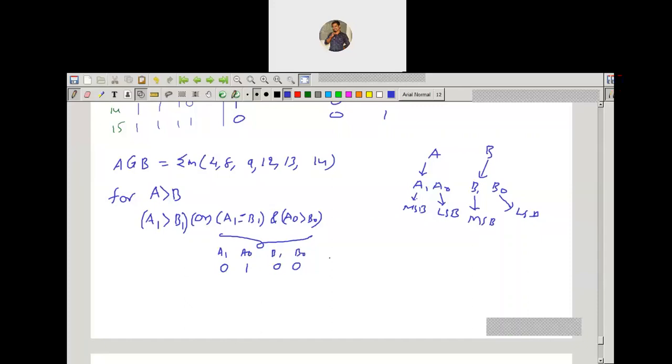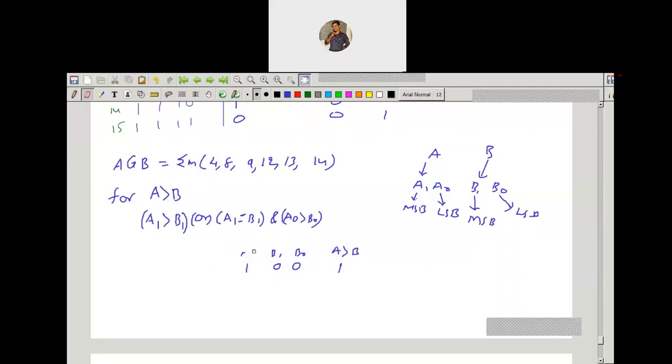For this case, what about A more than B? A1 equals 0, B1 equals 0, that is A1 equals B1, and A naught equals 1, B naught equals 0, that is A naught is more than B naught. So 1 is more than 0. In these possibilities also, you get A more than B as logic 1. So these are the possibilities of getting A more than B.